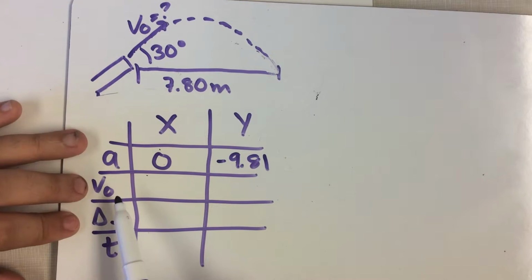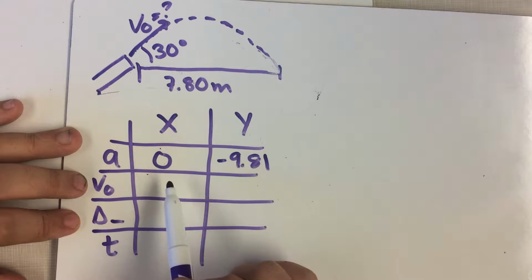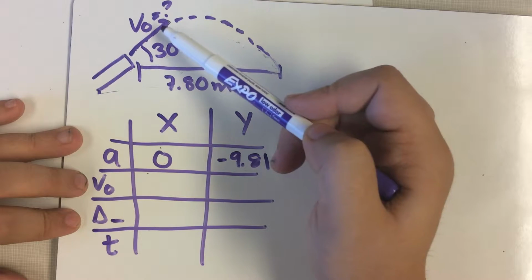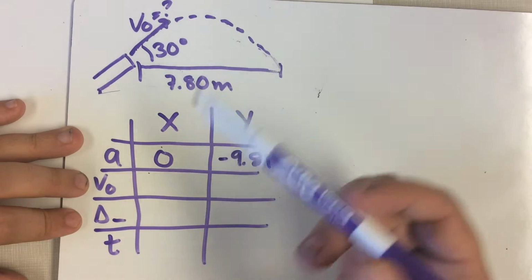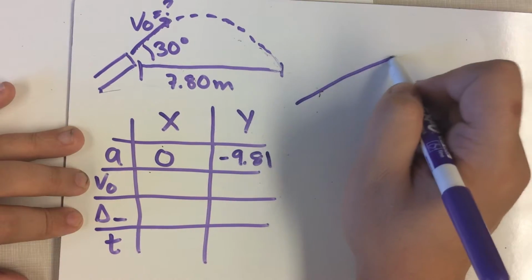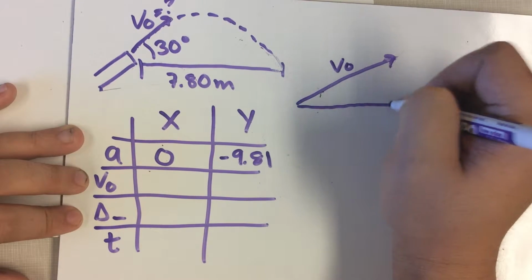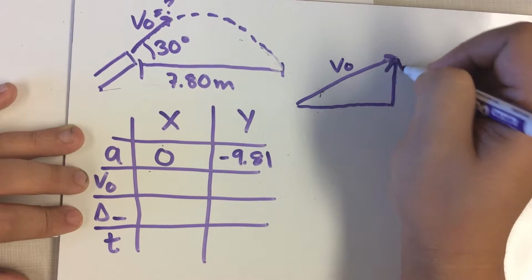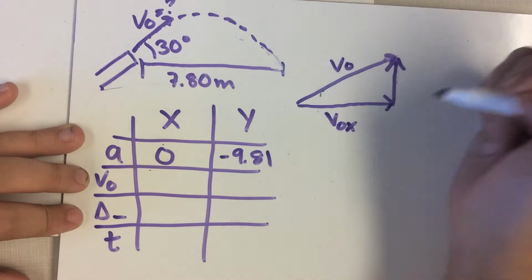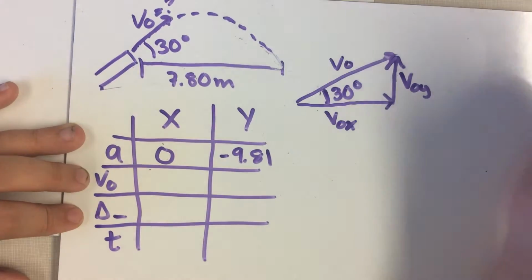To find my initial velocity, normally I would just put a question mark because I don't know it for sure. But what I want to do is figure out this overall initial speed. So these spaces are for the components of that initial speed. If I have an initial speed of v naught, I can express the components in terms of v naught. So this is the x component, this would be the y component. The angle is 30 degrees.